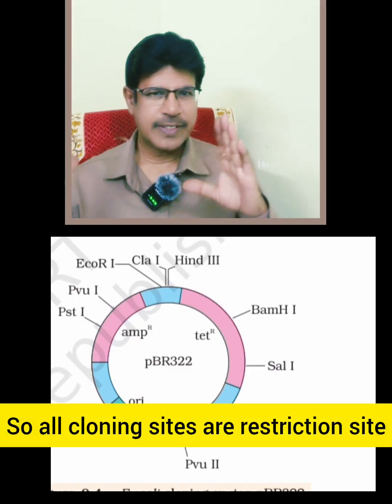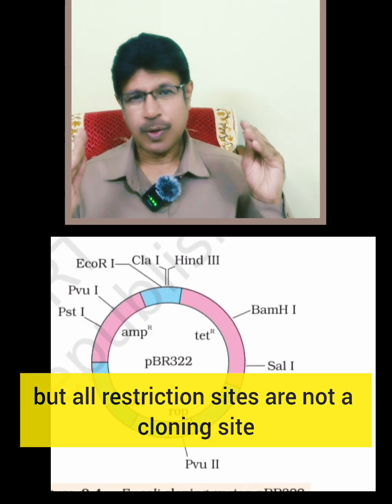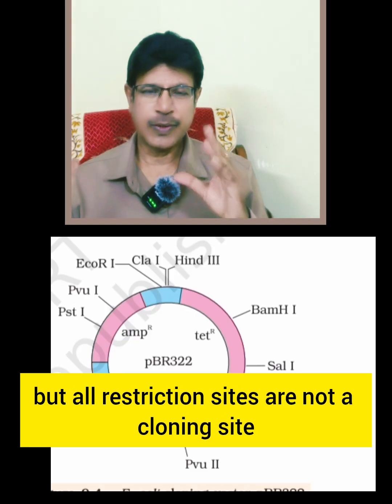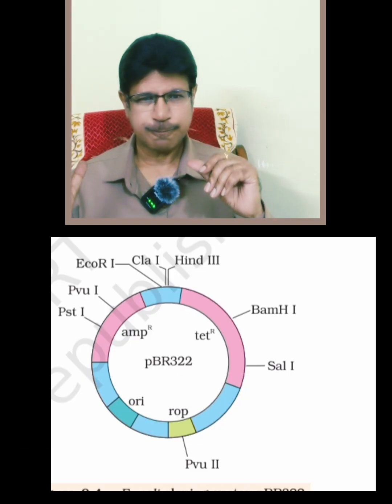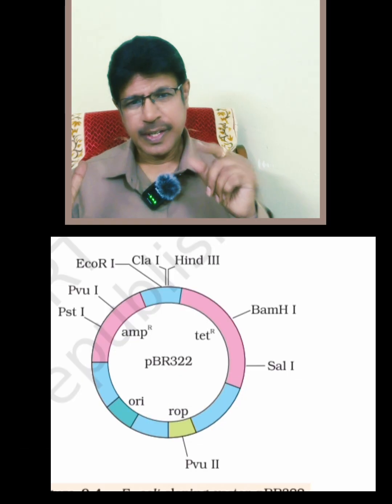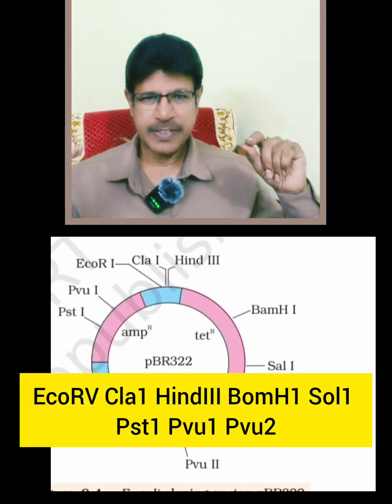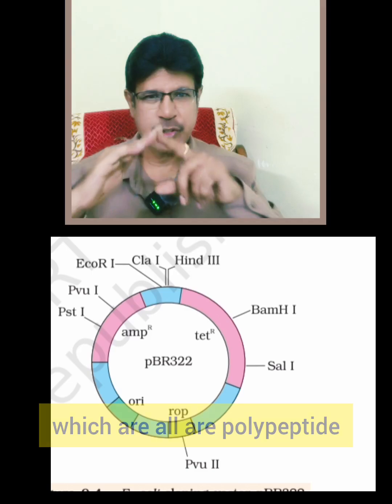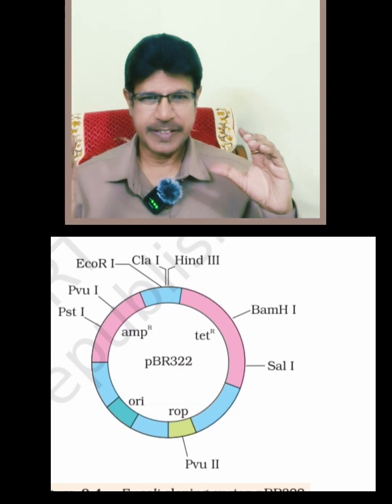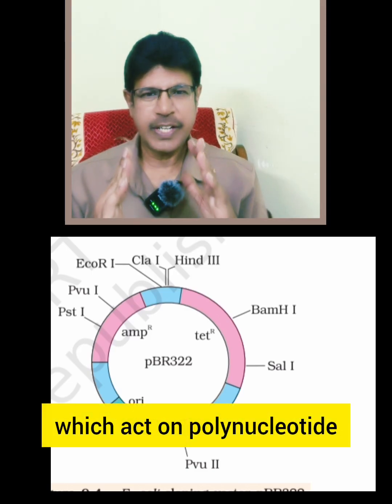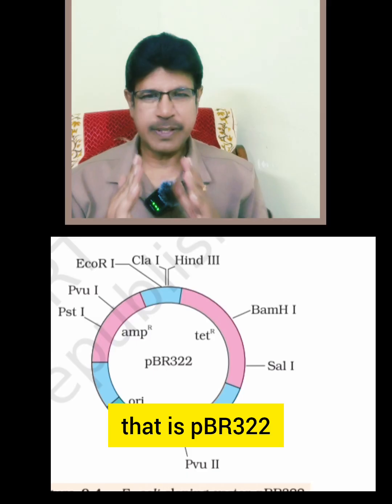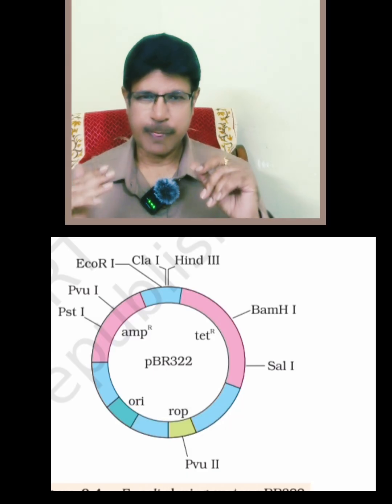All cloning sites are restriction sites, but not all restriction sites are cloning sites. You will see this: EcoRI, ClaI, HindIII, BamHI, SalI, PstI, PvuI, PvuII are all polypeptides, which act on the polynucleotide, that is pBR322.